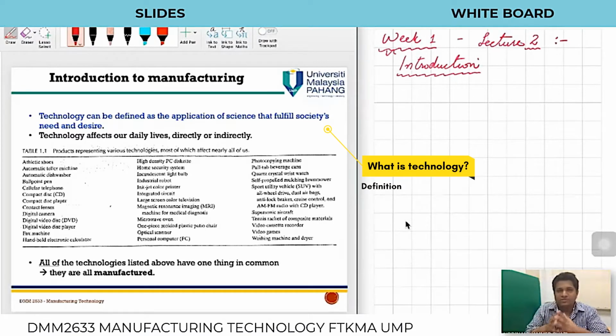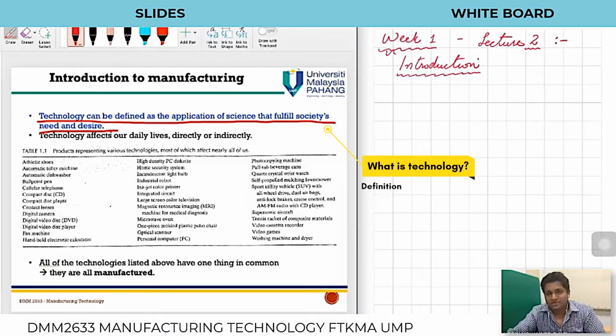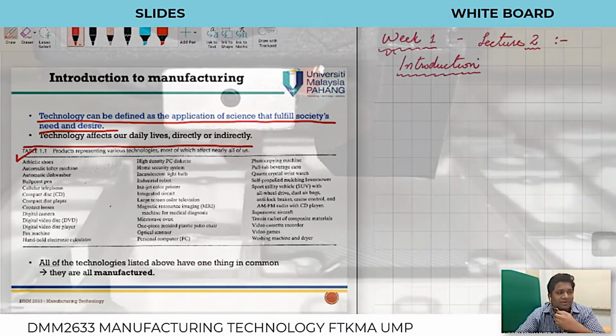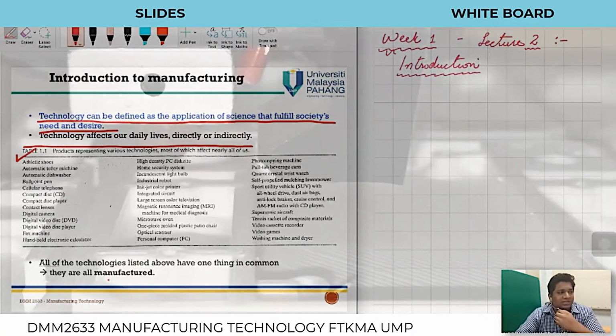So anything which I need, which the society needs, anything which helps in the creation or fulfilling of our needs is technology. So technology can be defined as the application of science that fulfills the need and desire of our society. Very simple.